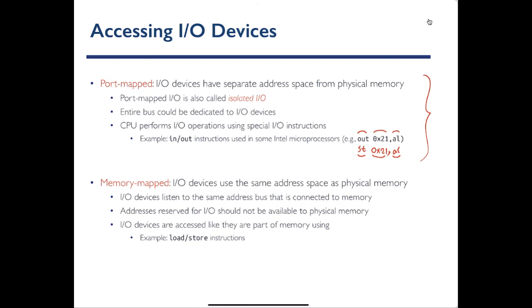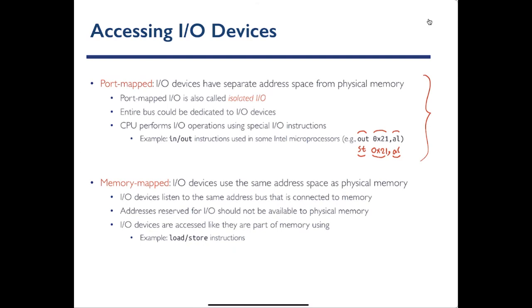Okay, so what is really common is memory mapped I/O. Basically, I/O devices and the memory both share the same address bus. Therefore, the CPU can communicate with both of them using load and store.